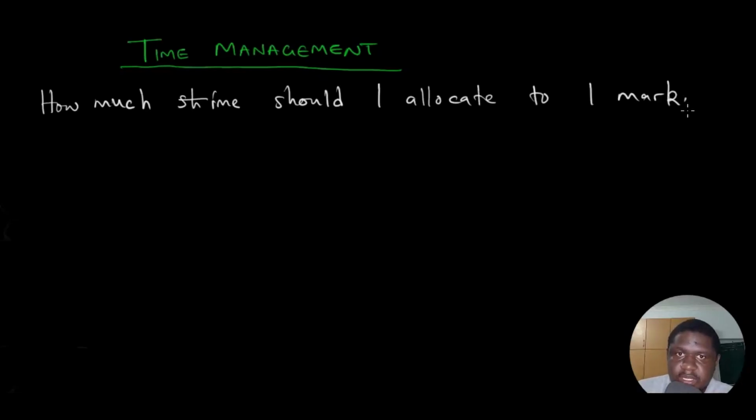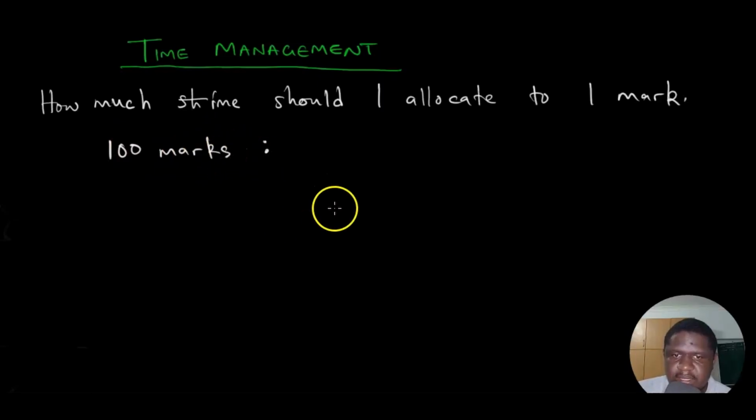To be able to answer this question, you need to apply your knowledge of proportion and ratio. Let us do a very small calculation, this time using a typical O-level maths question paper, which is written in 2 hours and is made up of 100 marks. So the proportion is going to be 100 marks.